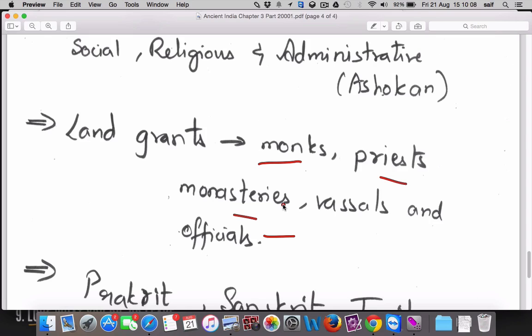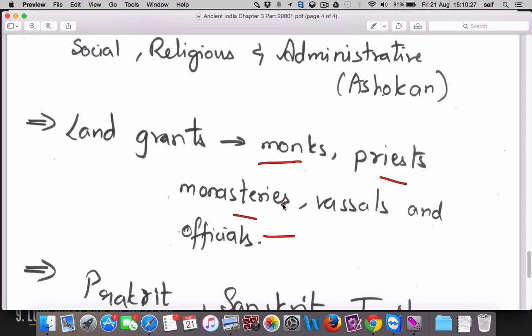In some inscriptions it is also shown that a pillar will be situated in the center where it can be seen from any part of the city, and above that an animal will be there like a lion or some other. We will see in later videos what others are there.